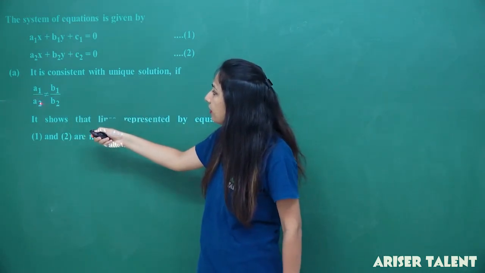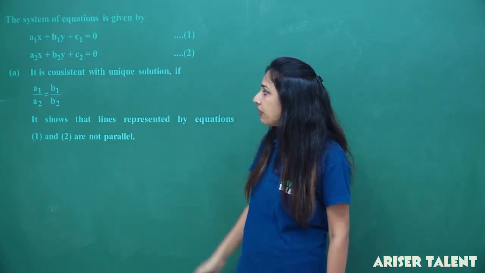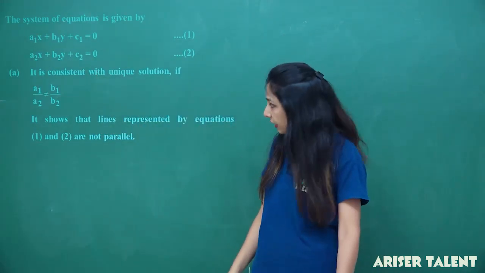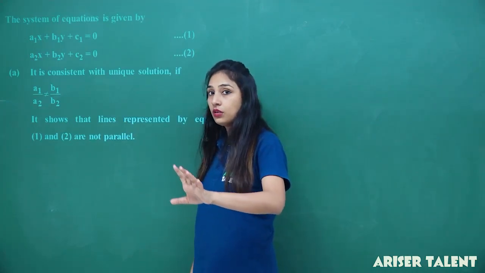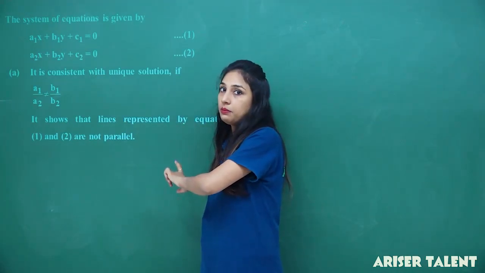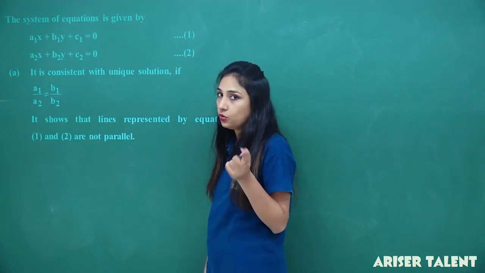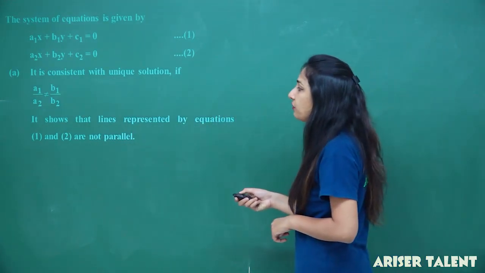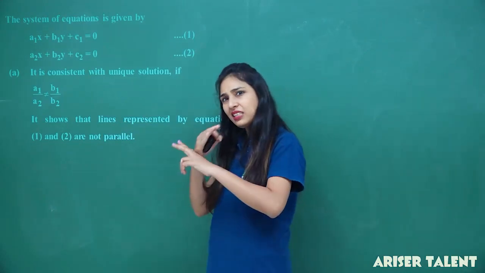If a1 by a2 is not equal to b1 by b2, then that is consistent with a unique solution. Right? We have learned that, but we are just revising. Now it shows that the lines represented by equations 1 and 2 are not parallel, they intersect.